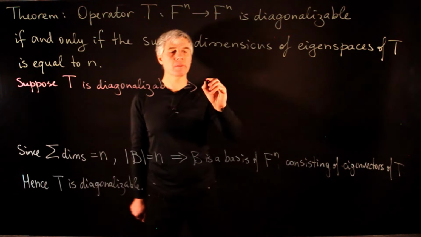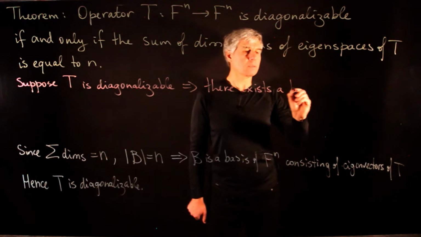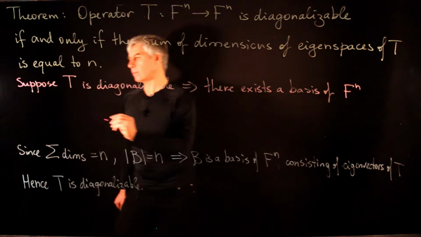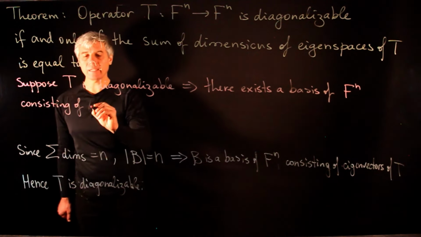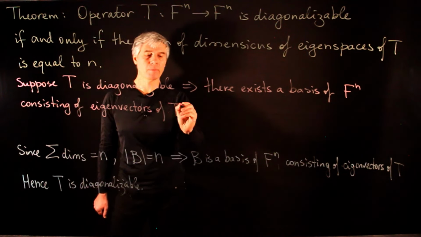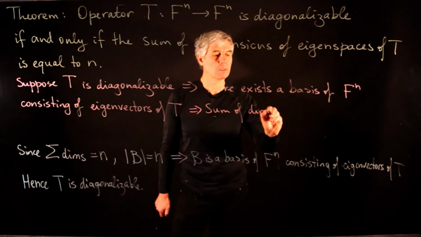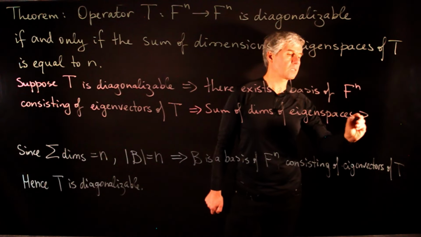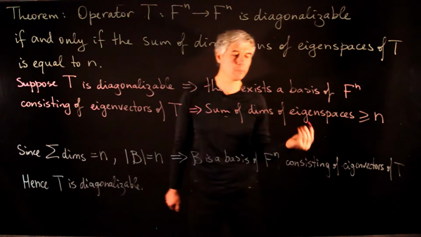So this tells us that there exists a basis of Fn consisting of eigenvectors of T. And this tells us that the sum of dimensions of eigenspaces is greater or equal to n, because we have enough eigenvectors to form the basis of the whole space.